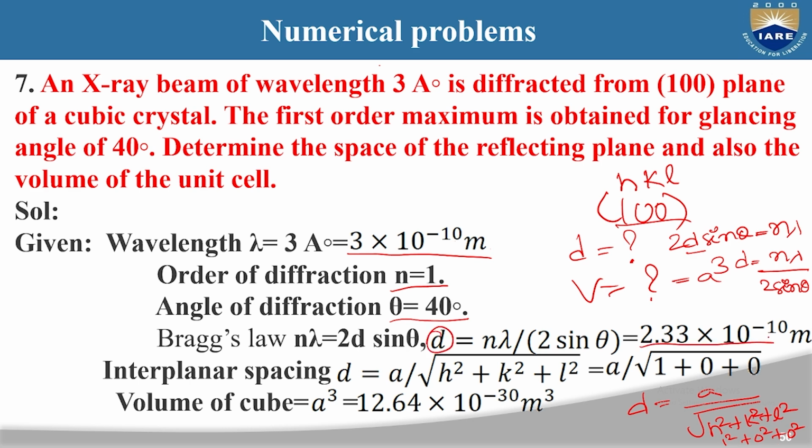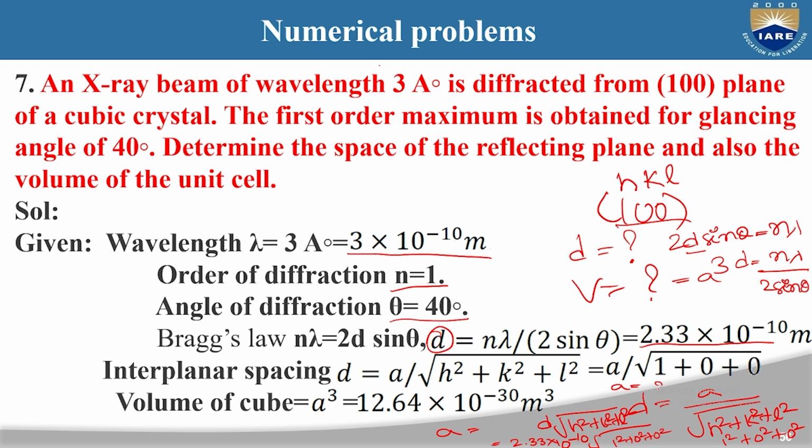So d is 2.33 × 10^-10 times √(1² + 0² + 0²), which is 2.33 × 10^-10 meters, the lattice value.